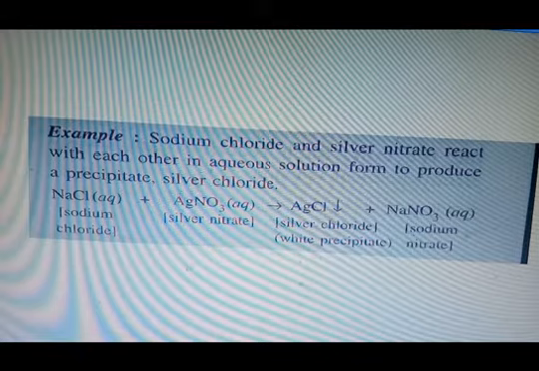Whatever chemical reaction you want to perform, make sure that the reactants are in the solution form. Why? Because in solution form the rate of contact will be faster. That means they mix up very fast.